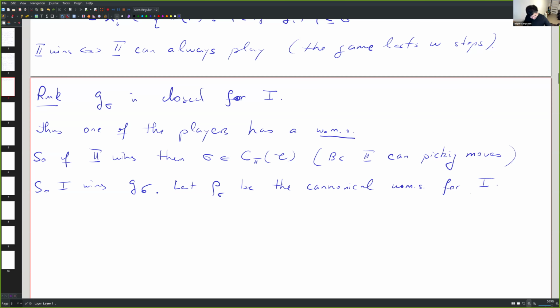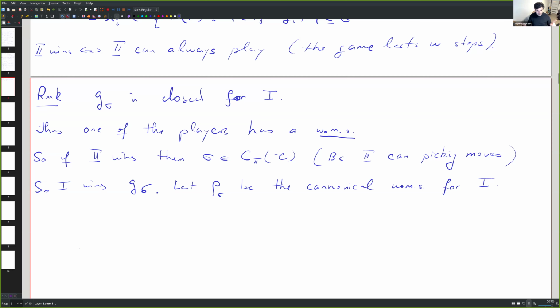Okay, and now what we're going to do is attempt to create a run of the game in which 1 is going to try to play according to these rho sigmas, 2 is going to respond, but then we want to use our measure to show that many things will give us the same answer. So this is where we are going now.